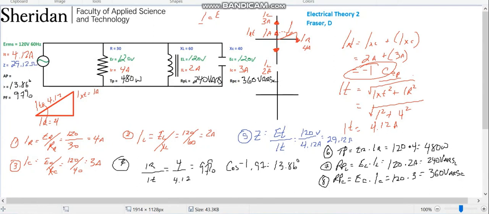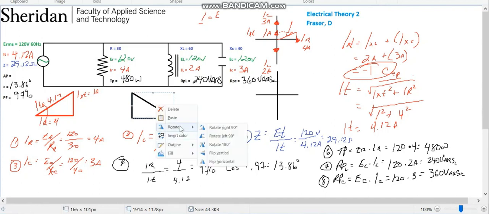So if I was to put a triangle in here just to visualize it, again, you guys don't absolutely have to do it, but I find that it does help to visualize these. I'm just going to flip that.